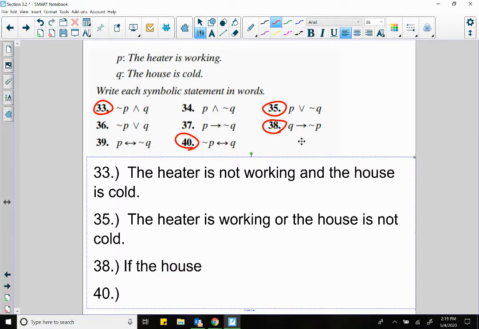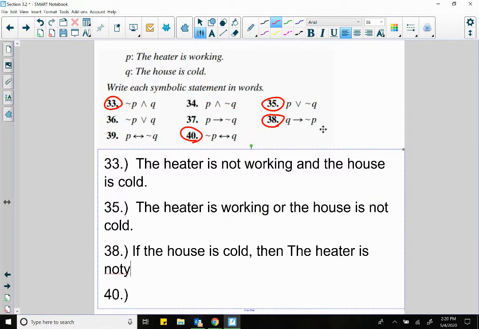So if the house is cold, then, that's my arrow right there, then I'm going to negate P: the heater is not working. Not naughty, not working. Silly Mr. Armstrong.